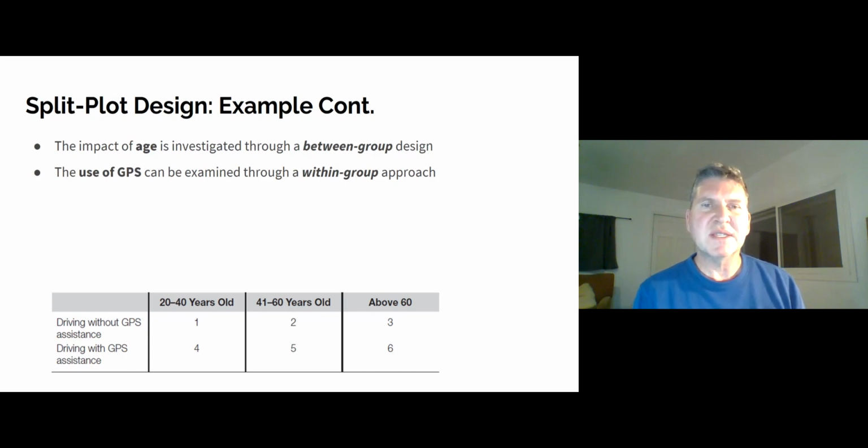The use of GPS can be evaluated within group, so we could ask somebody to use a GPS and not use GPS and then determine the difference between them in terms of performance. But of course, we've got to randomize whether they begin using a GPS or whether they begin not using a GPS as their first task.